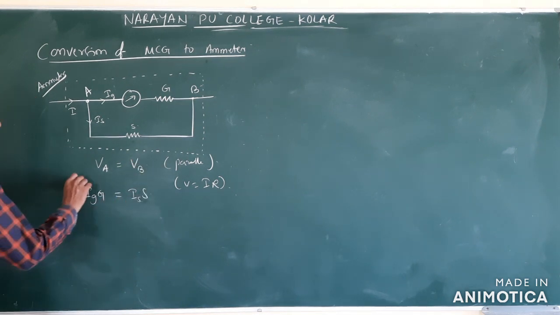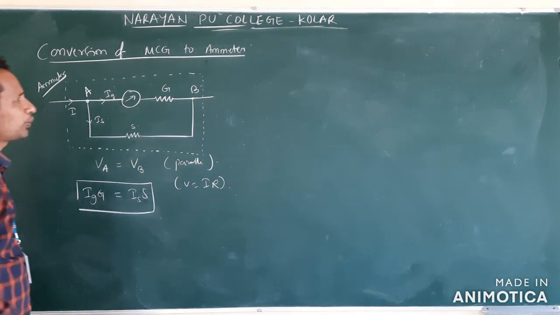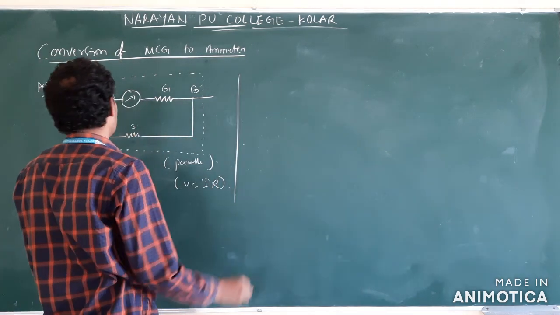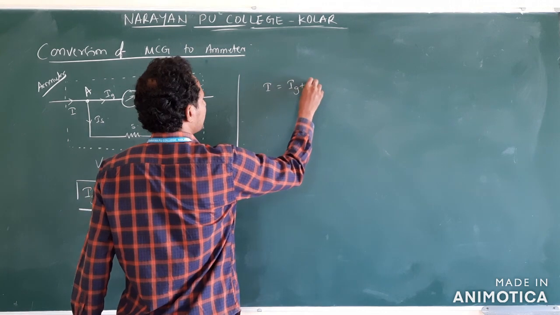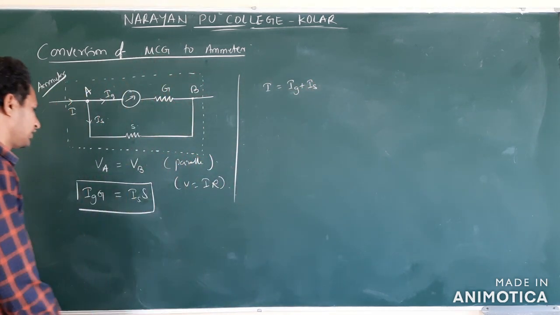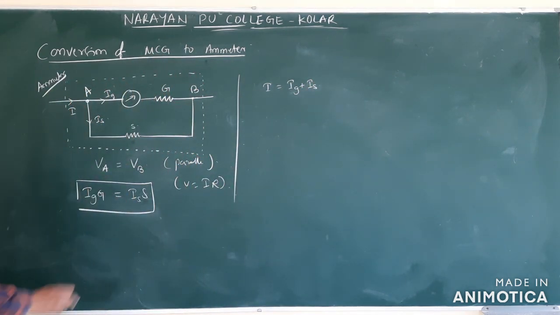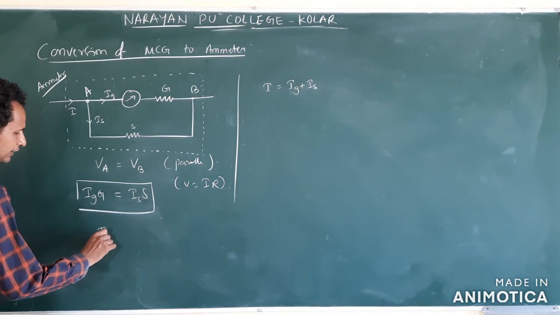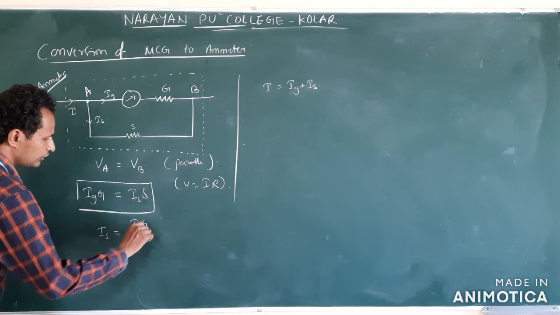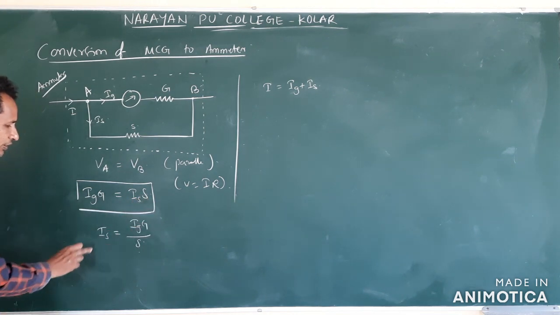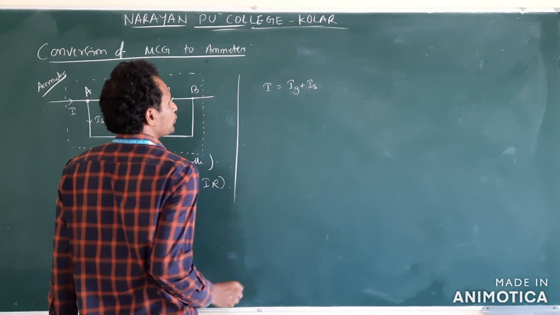Clear? Now next, what is the total current at junction A? I is equal to IG plus IS. From this you make IS the subject: IS is equal to IG G by S. This IS value substitute here.